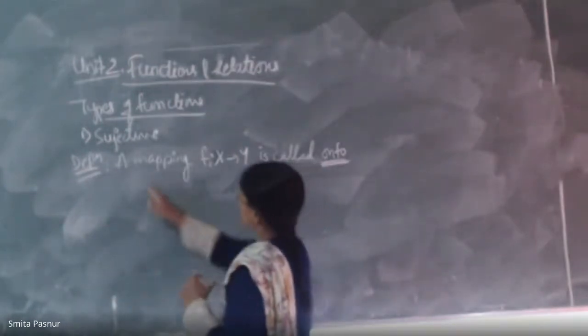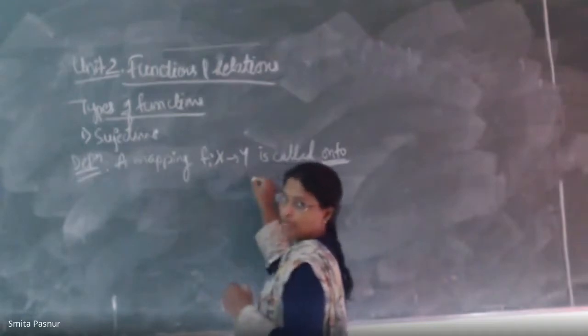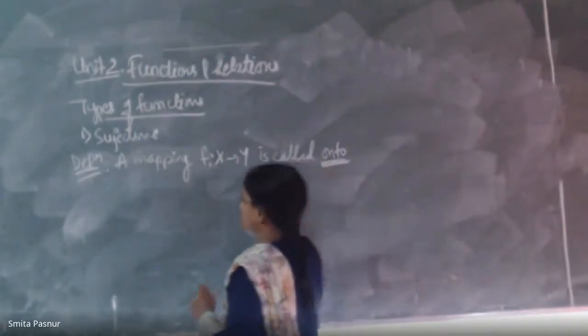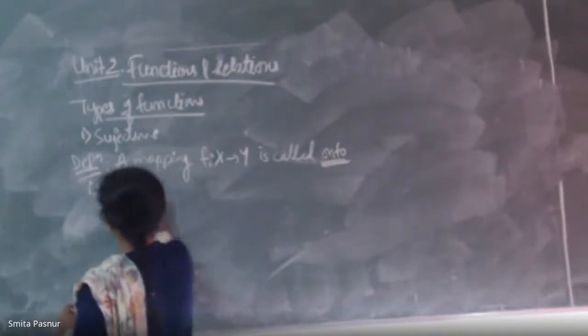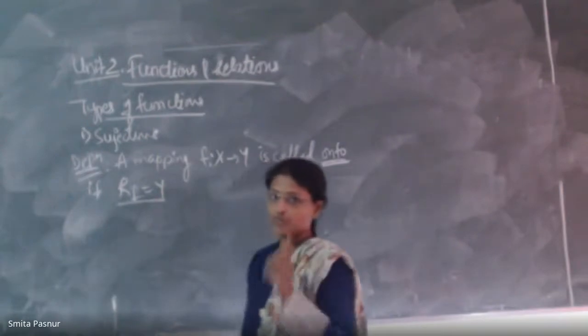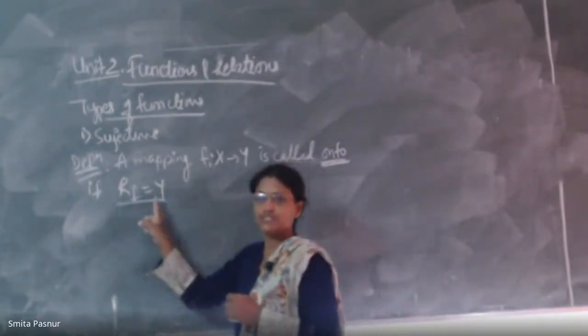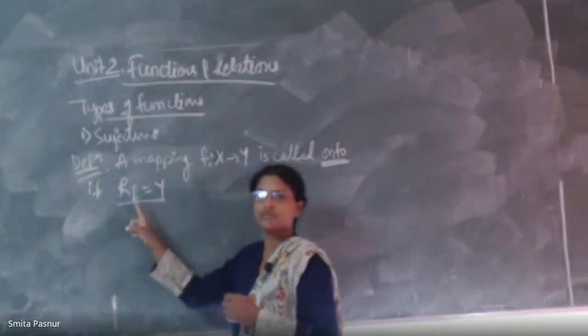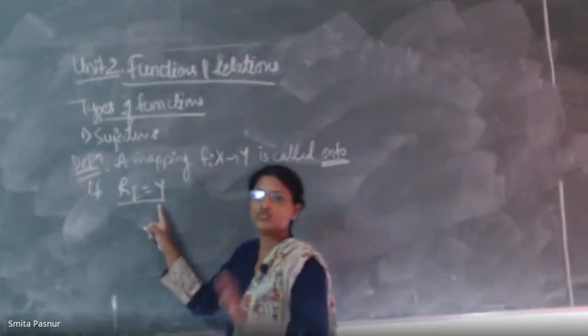We will see now what this onto function is. If there is a mapping of function f from x to y, it is called onto if the range of f is equal to y. This condition is important for onto. What is the meaning of this? Range of f is equal to y means all the y elements should be mapped with x.